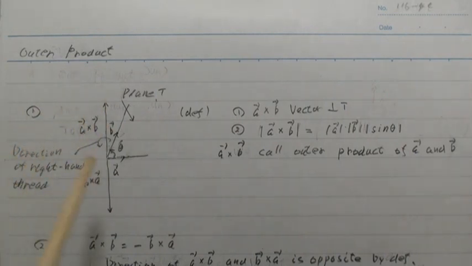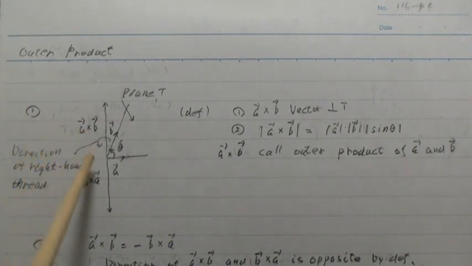Its direction follows the right-hand thread rule from vector A to vector B. And vector B outer product vector A is in the opposite direction.